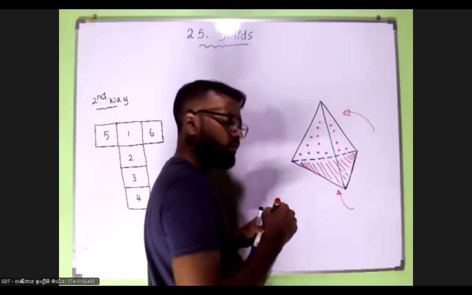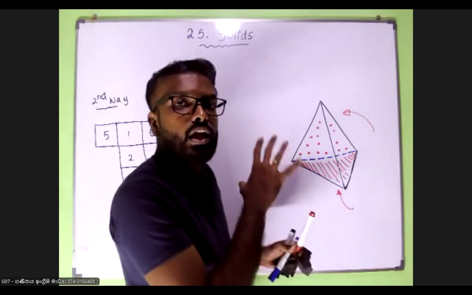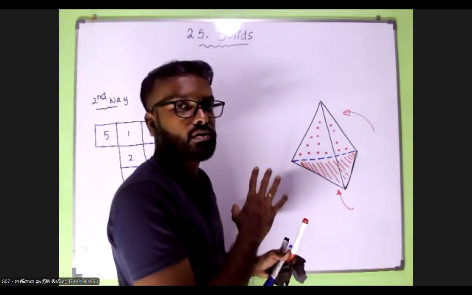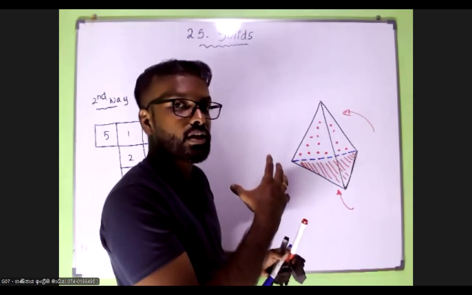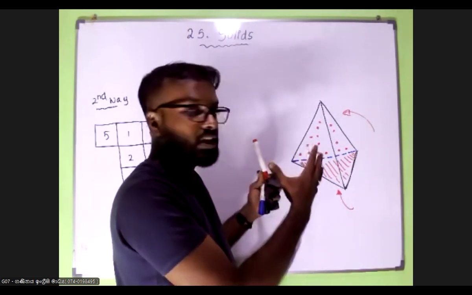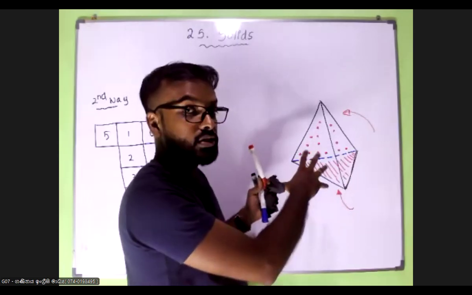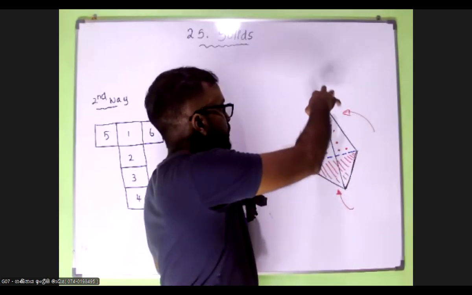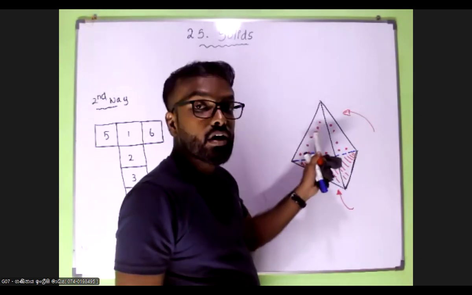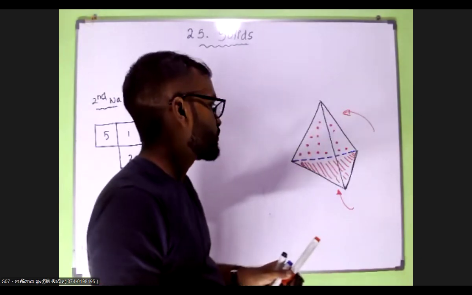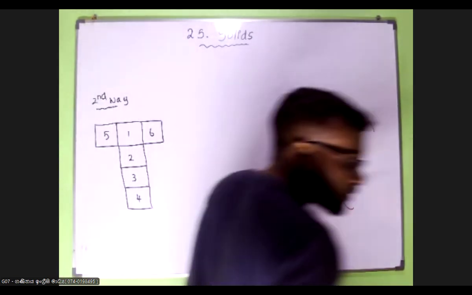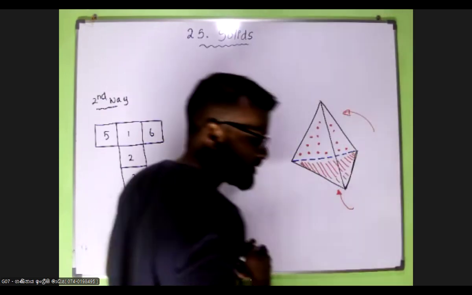So altogether 4 faces are there, which are all equilateral triangles. So how many equilateral triangles are there? 4 triangles have been merged to construct a regular tetrahedron.